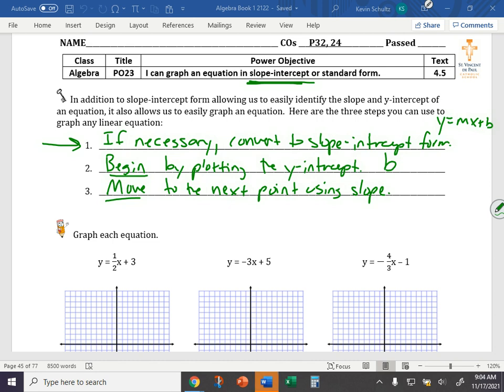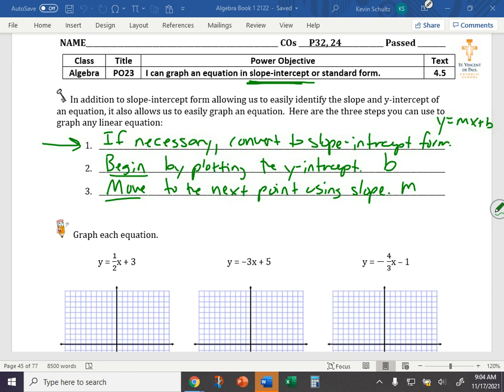Because in slope-intercept form, it is the m variable. Okay? That's it. Begin with the Y-intercept. Move using slope.